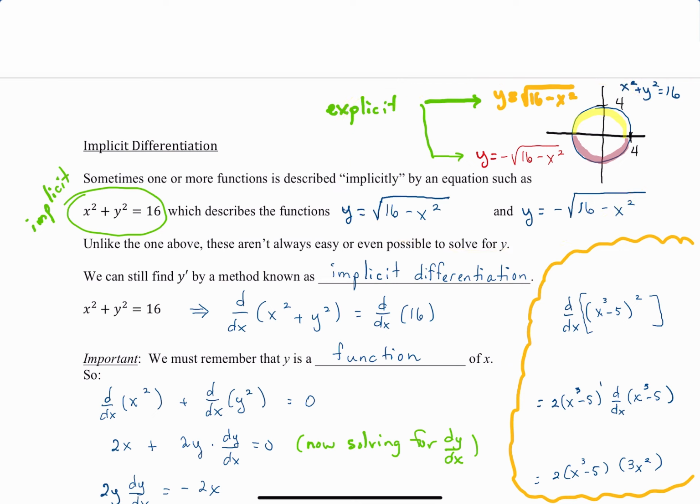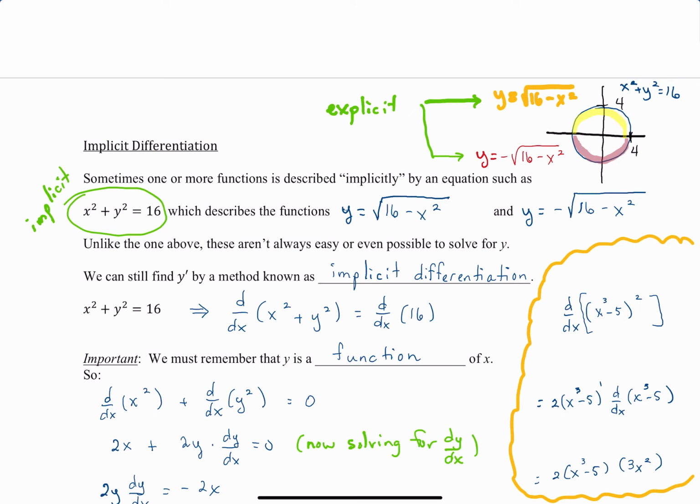And the graph of a circle can never represent a function because it flunks the vertical line test. But if you look at the top half separately, that is the function y equals square root of 16 minus x squared, and it passes the vertical line test, so yeah, that's a function.